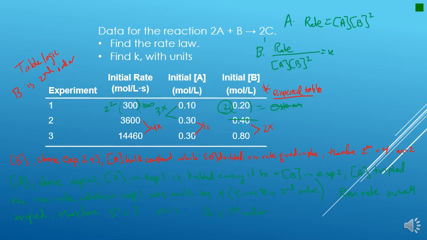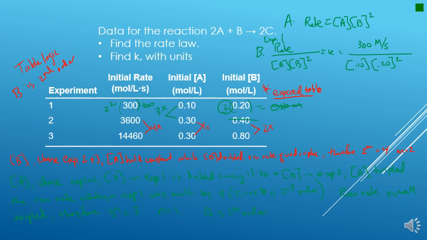So for experiment number 1, my value here for K, I have the rate being 300 molar per second. I would divide that by the concentration of A, which is 0.10, and then I have my concentration of B, which is 0.20, but we would square it.